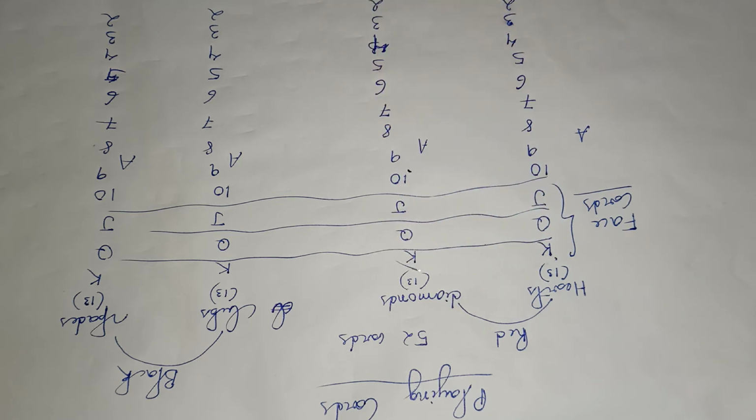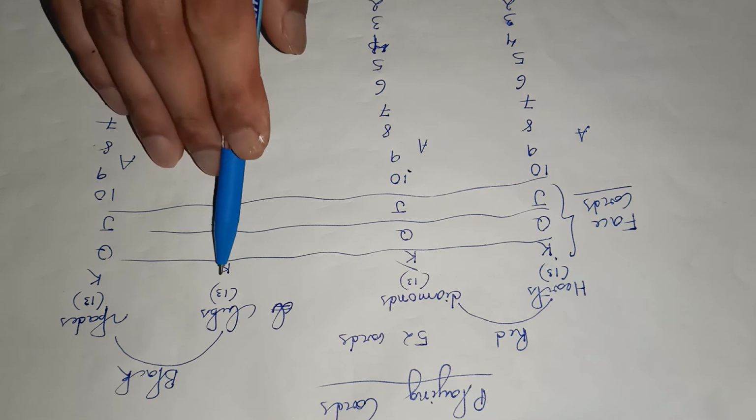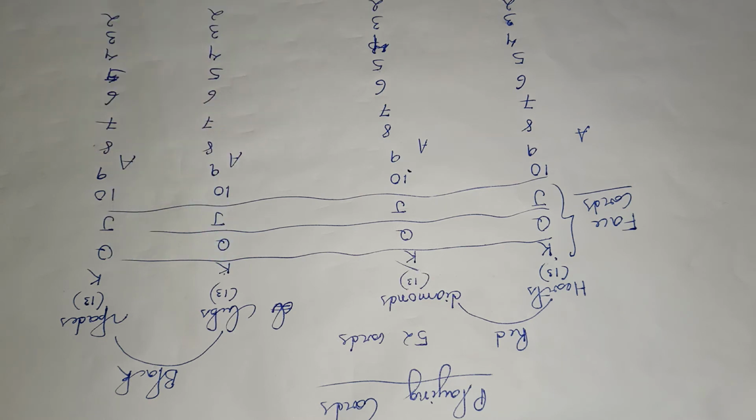So there are 6 red face cards and 6 black face cards. Since the heart and diamond are red in color, altogether there are 26 red cards and 26 black cards. So that's all about the playing cards. We'll see more of it when we are discussing questions on the playing cards.